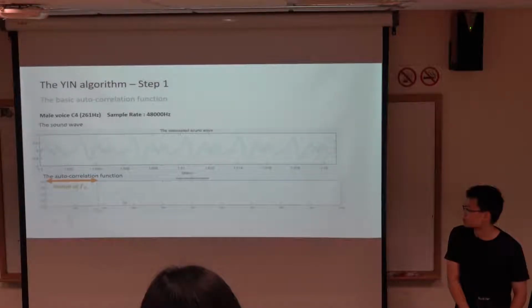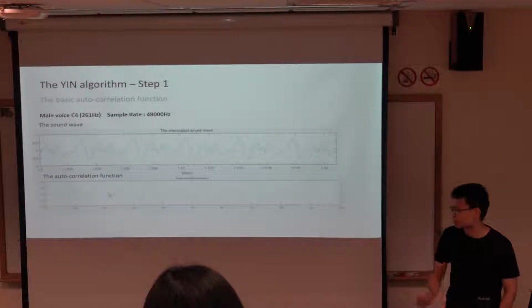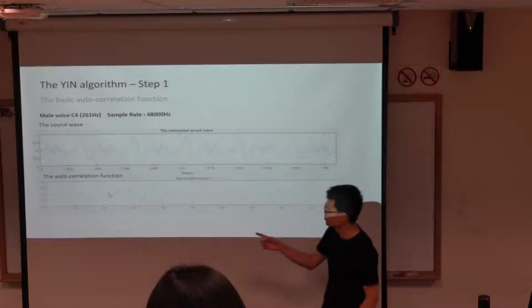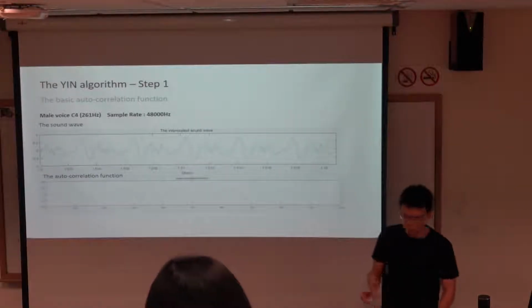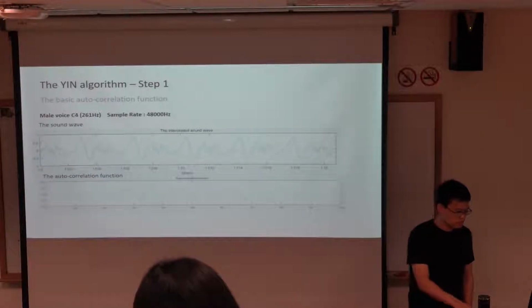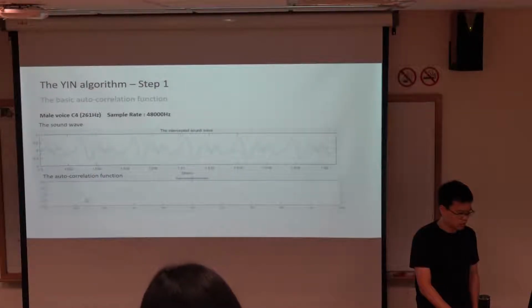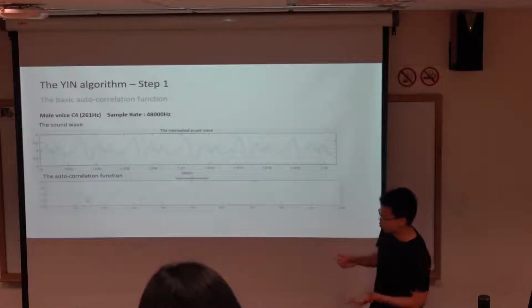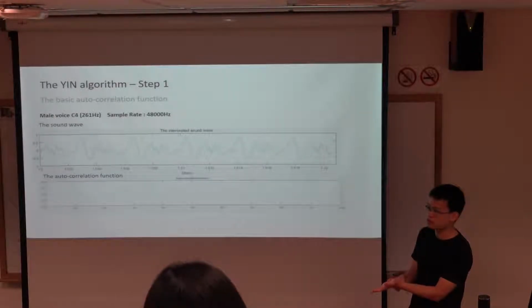So it will bring you a problem: how do we choose which peak we want? You cannot say that I will choose the first peak, second peak, third peak. That's not always true, so you cannot hard code this.